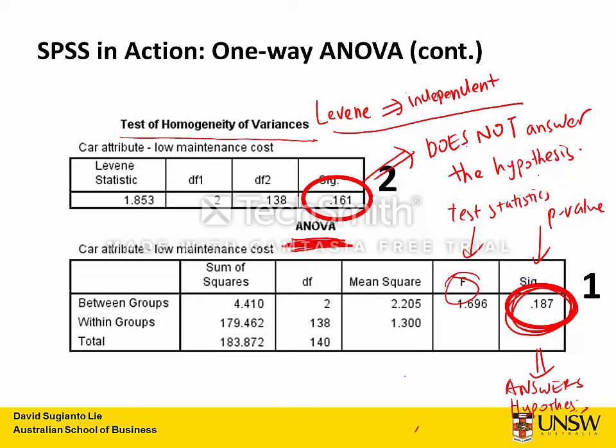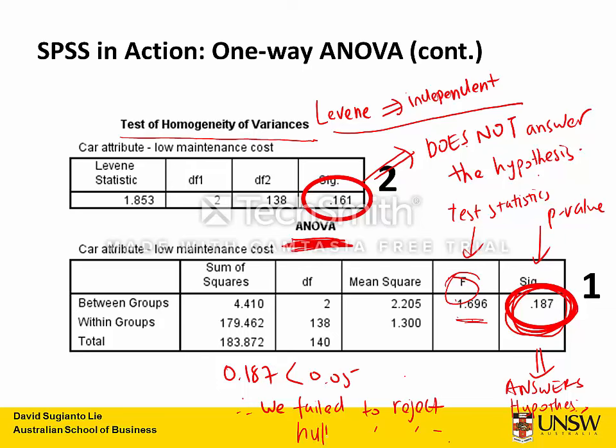So the test statistic F is 1.696, and the significance is 0.187. Now we know that 0.187 is more than 0.05, and therefore we fail to reject the null.